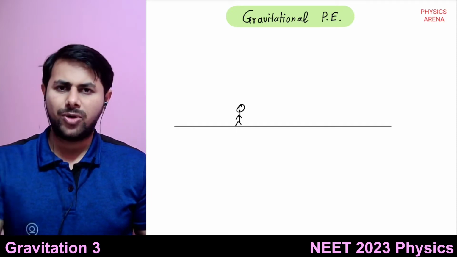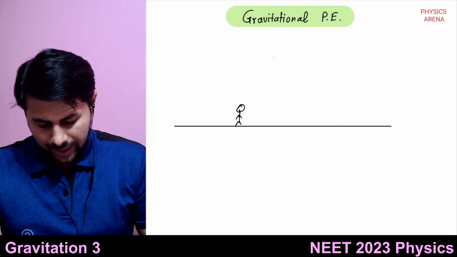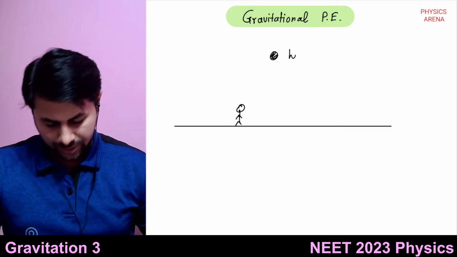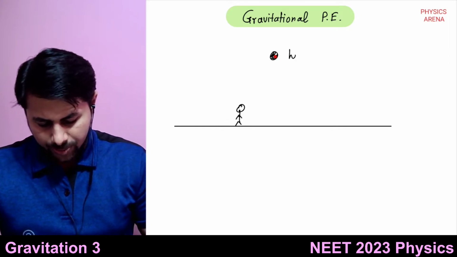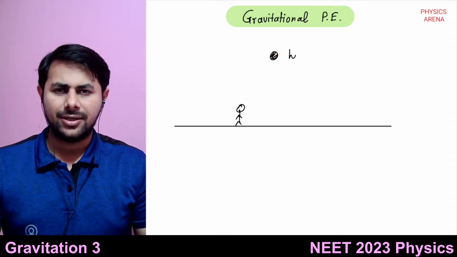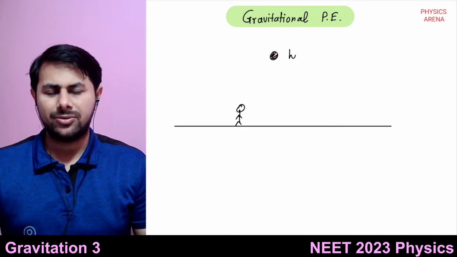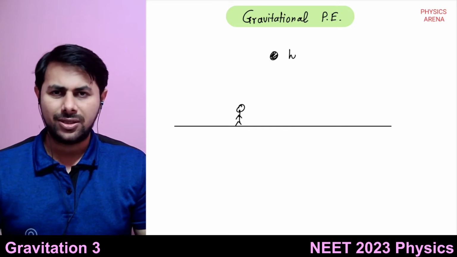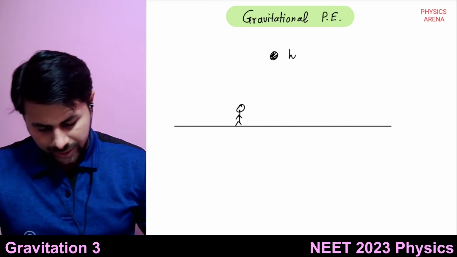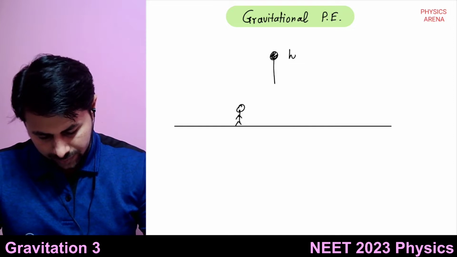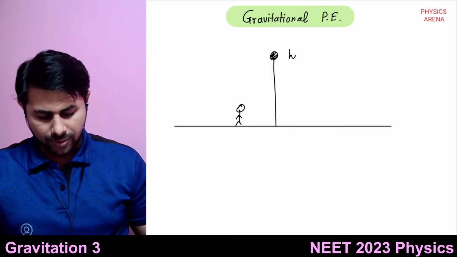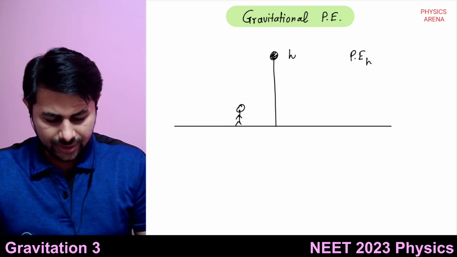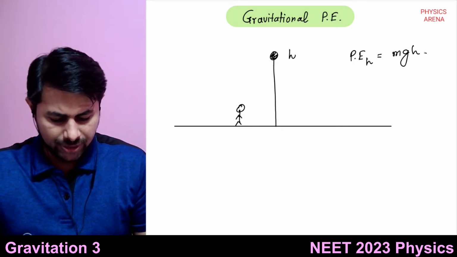He throws a ball in the air, and that ball reaches some height, let's call it h. So its potential energy at that height is equal to mgh. So potential energy at height h is equal to mgh.